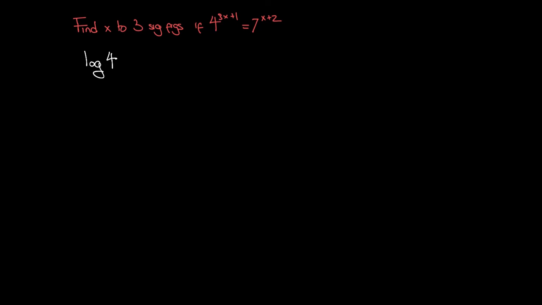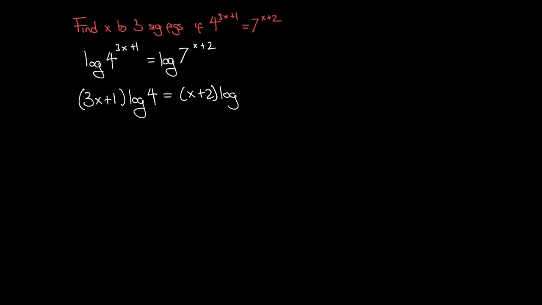Log of 4 to the 3x plus 1 is equal to log of 7 to the x plus 2. Move that 3x plus 1 to the front: (3x plus 1) log 4, and that's going to be equal to (x plus 2) log 7.